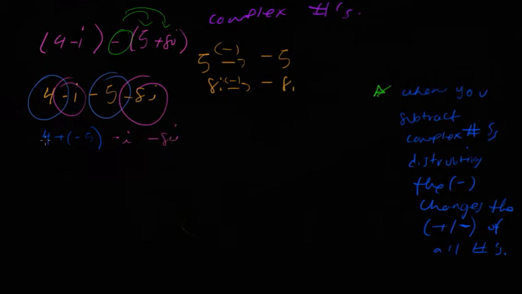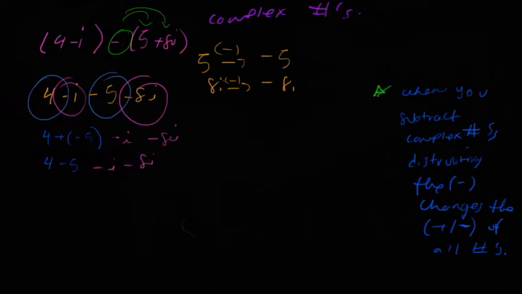Okay. So let's go ahead and do this here. We have 4 minus 5, and then we have a minus i minus 8i.